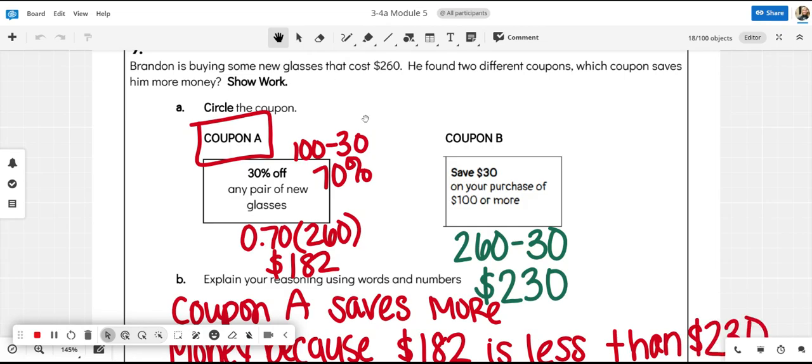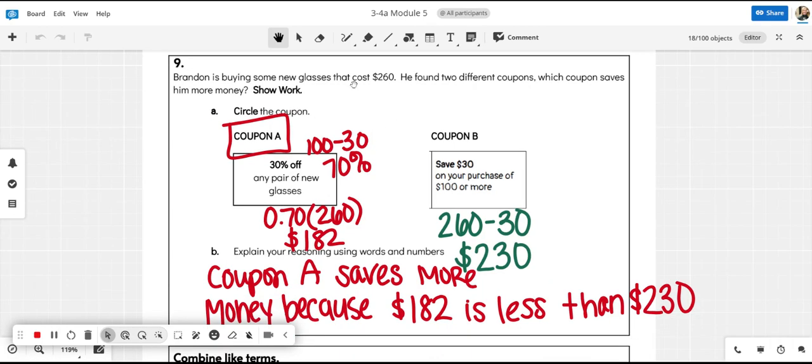Excellent. Again, make sure you have the math there. Make sure you have the numbers like I did right here. See it right here? This is what I want to see on your quiz. I want to see the why. Show me, don't just say because it saved more money. I need to see this math here.